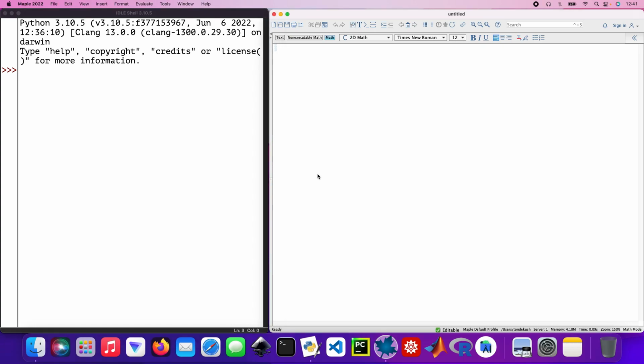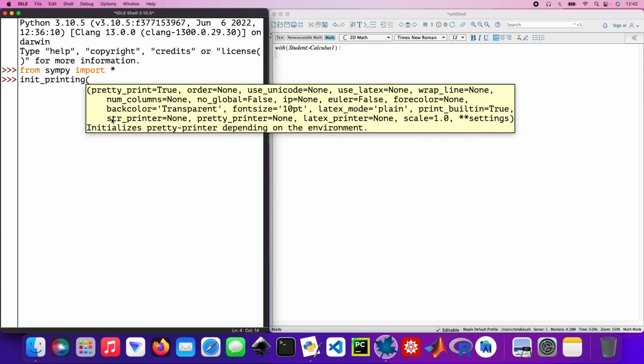Thanks in advance. So I'll start off by importing the libraries that I need. With Student Calculus 1. Right, so that's done. Then here I'll need to type in from sympy import star, and then init_printing, pretty printing equal to True.